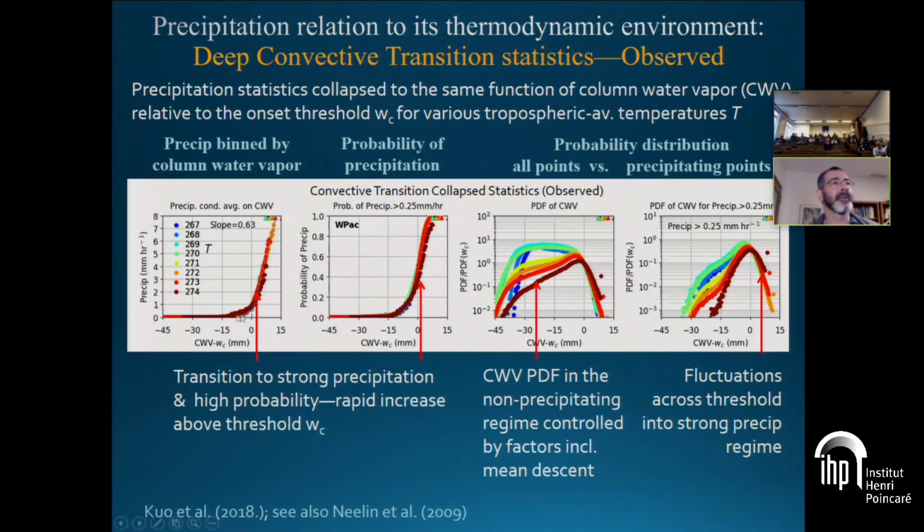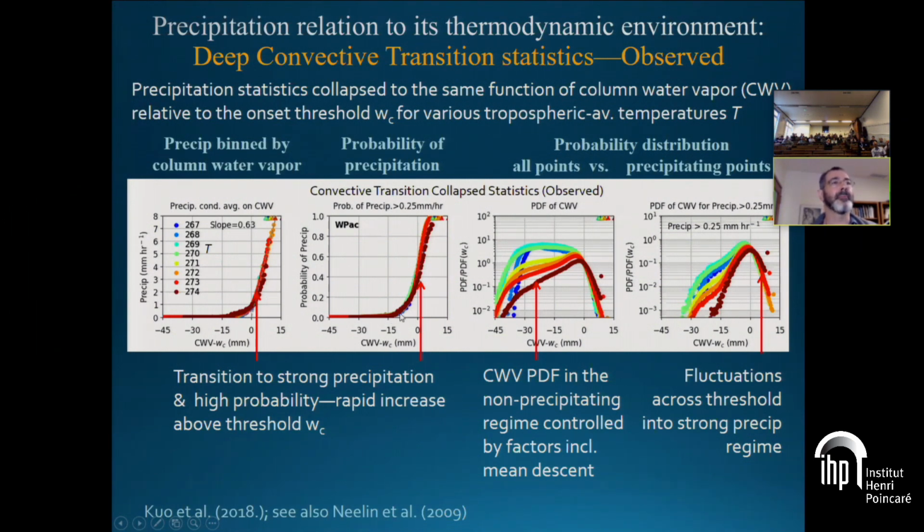And the different curves have the conditionally average precipitation increasing rapidly at a particular value for each temperature. A value characterizing the sharp increase has been subtracted so that these curves collapse with one another for each of the temperatures. And this dependence is not simply saturation, it's something more complicated I'll get to in a second.